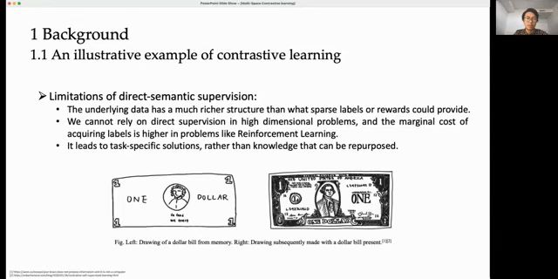Consider an experiment where subjects were asked to draw a picture of a dollar bill as detailed as possible. The figure on the left shows the drawing made by recalling what a dollar bill looks like from memory. The figure on the right is their drawing subsequently made with a dollar bill present.